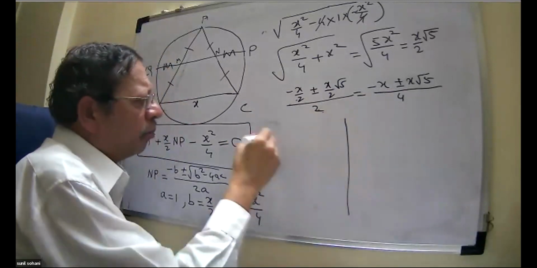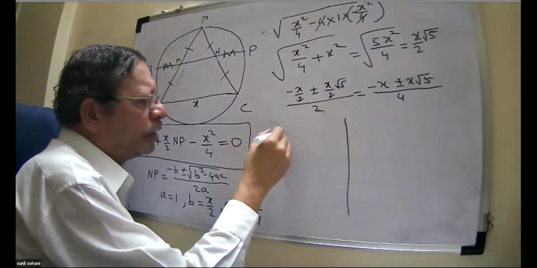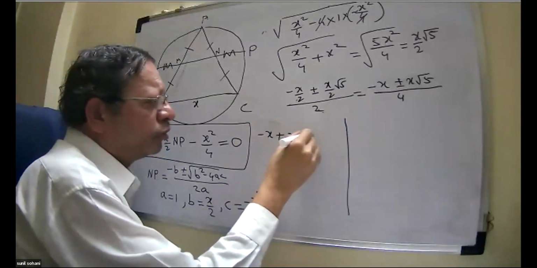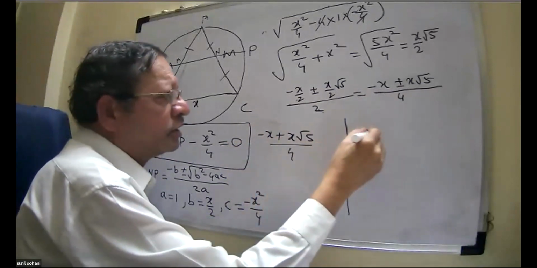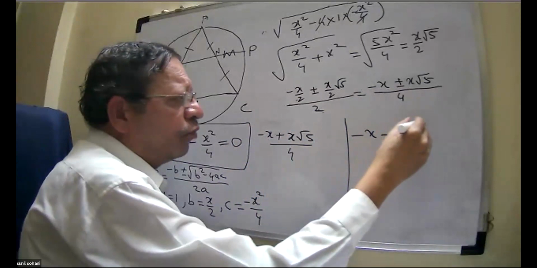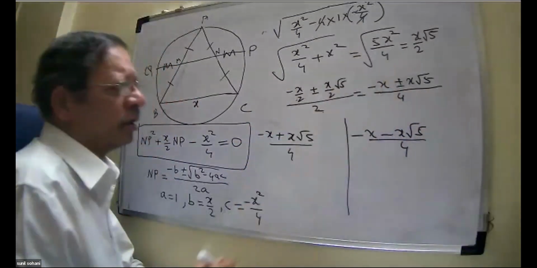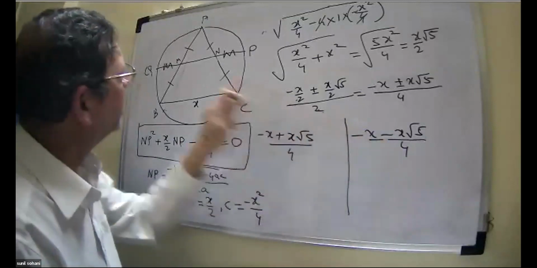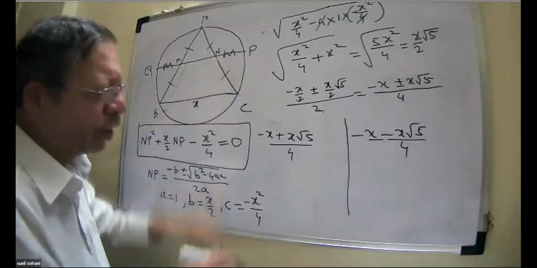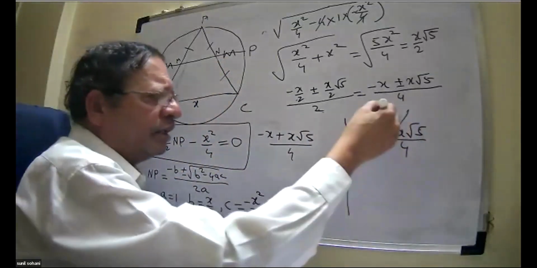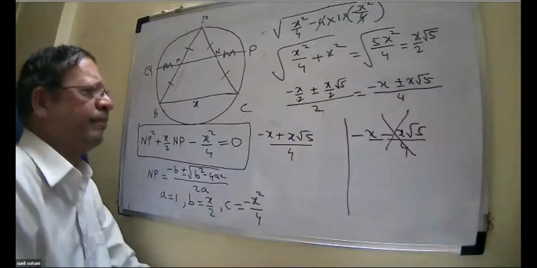One can be minus x plus x root 5 upon 4, and minus x root 5 upon 4, because there are two signs, plus or minus. And as you see, both are minus, and our answer cannot be minus point number one. So this case is failed, definitely.